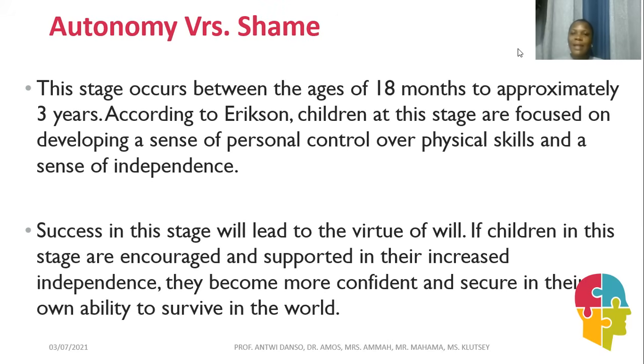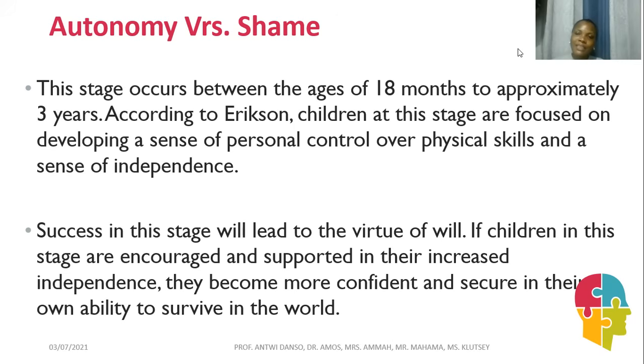And so if you allow them to have that sense of independence, they become confident and secure in their own ability to navigate through the world, to do things for themselves, to solve their own problems or challenges. And that is what we refer to as the stage of what? Autonomy versus shame. So the child is striving for autonomy.